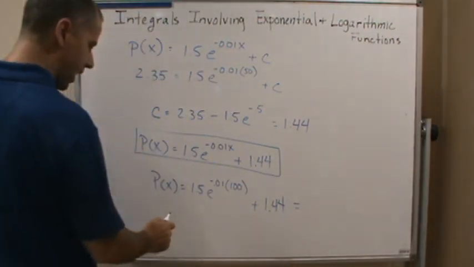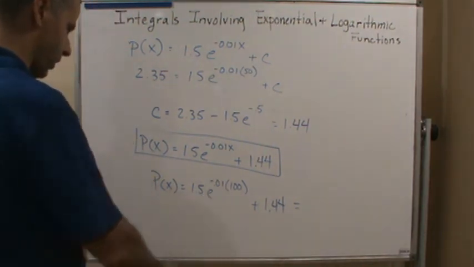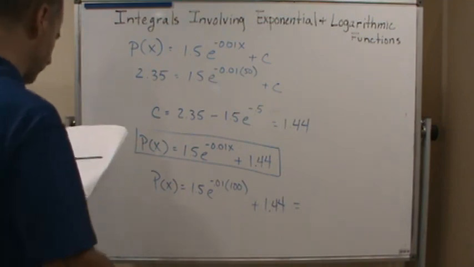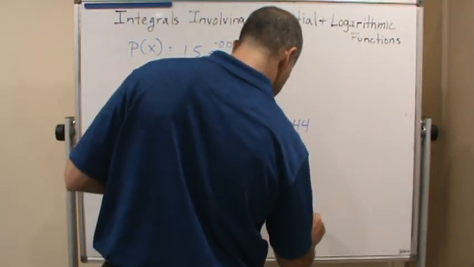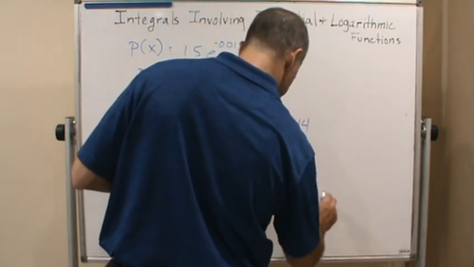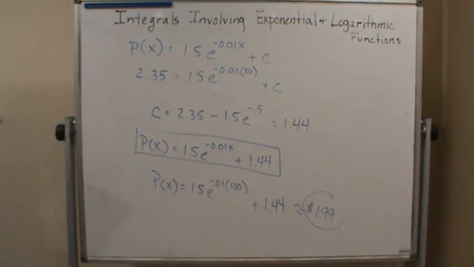Well, if I plug and chug, use my calculator and solve for this, I get approximately $1.99. And so that's what they should price the tubes if they want to sell 100 tubes per week at that supermarket. And that's it.